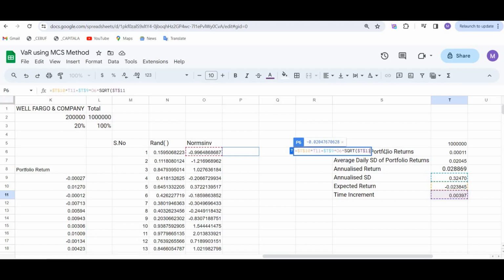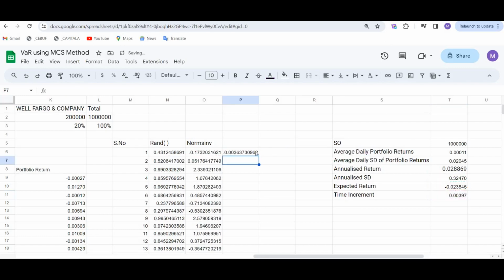Okay, close the bracket. Enter. Now, drag it down till serial number 100.